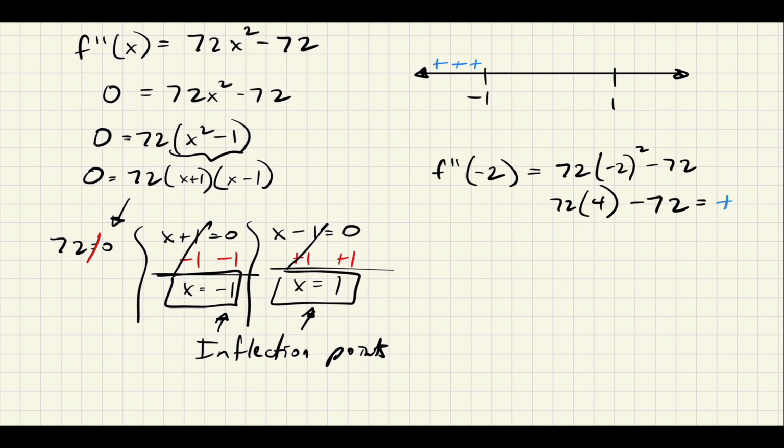Okay. In between negative 1 and positive 1, 0. So 72 times 0 squared minus 72. 0 squared is 0. Times 72 is 0. So you're just going to get negative 72.